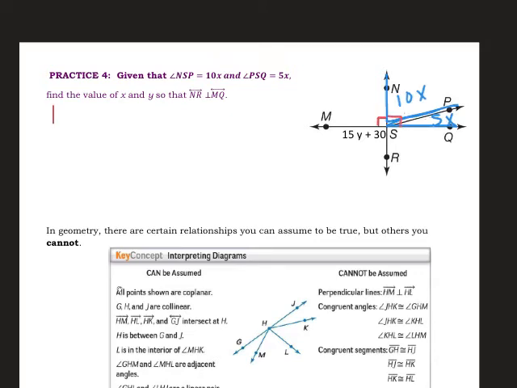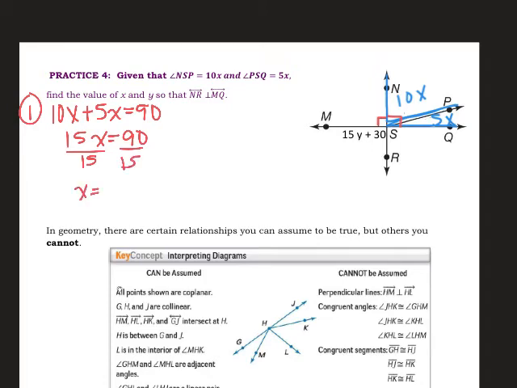So I'm going to say 10x plus 5x equals 90. What's 10x plus 5x? 15x. Divide that by 15 for me, and what do we get? 6. Yes.